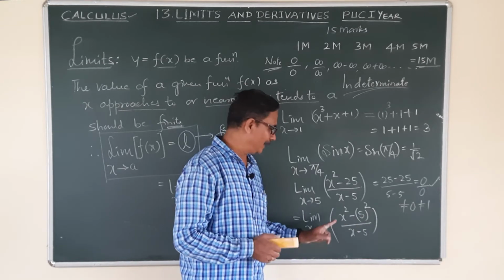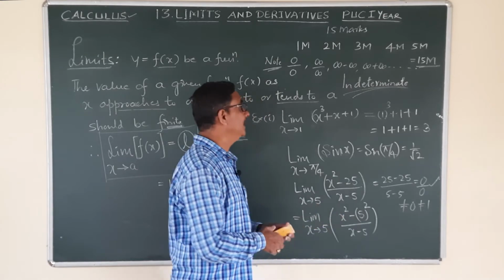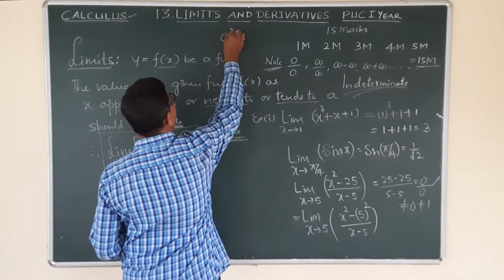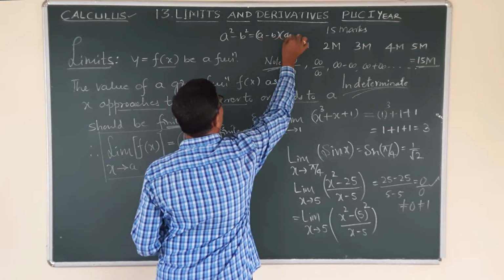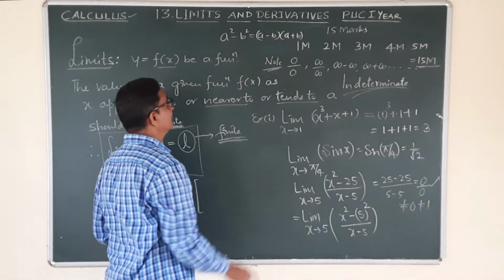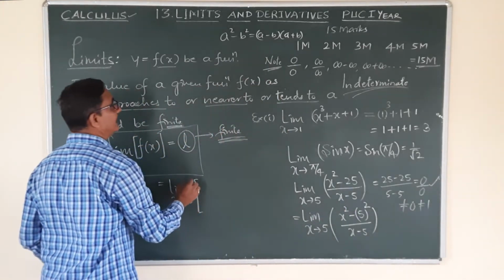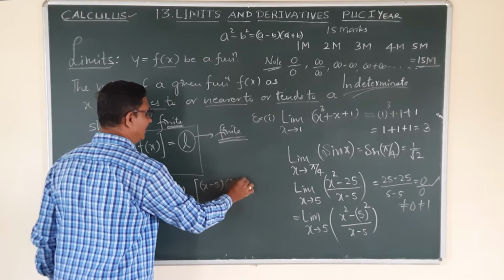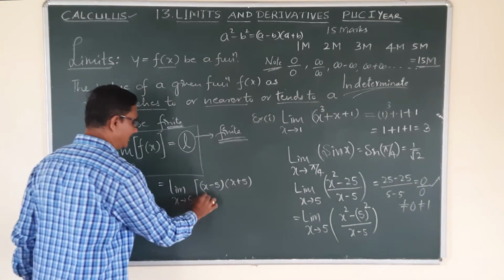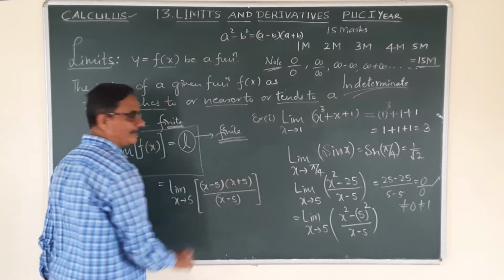As you know the formula, a square minus b square is equal to a minus b into a plus b. So instead of a, here x. Instead of b, here 5. So we can write x minus 5 into x plus 5, divided by the denominator x minus 5.